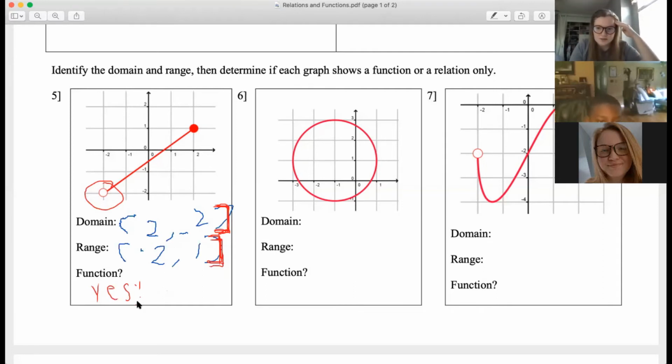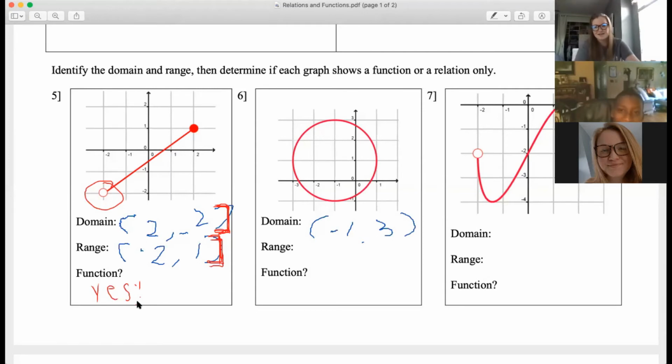What is the lowest x value? The highest x value would be... So you gave me the range, not the domain.